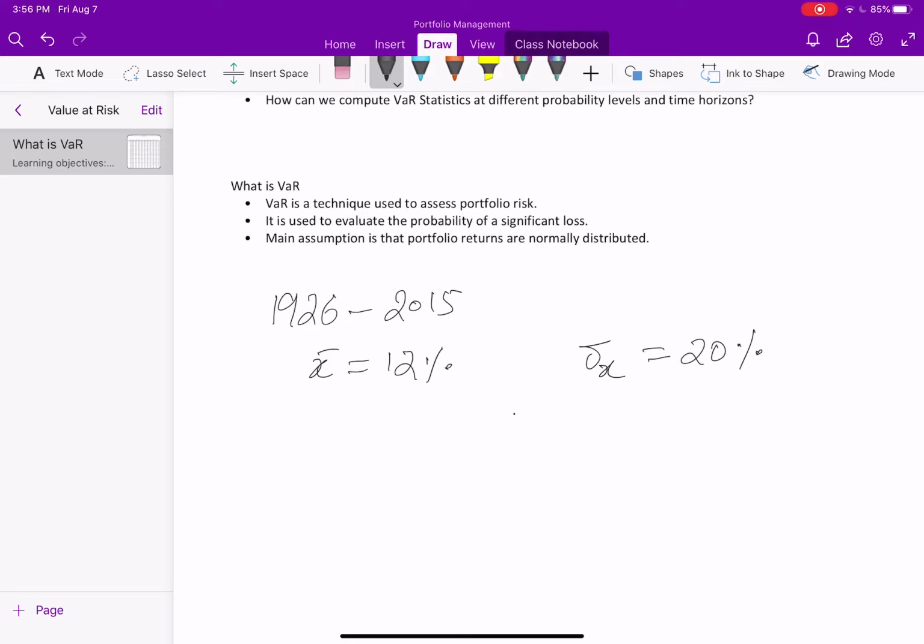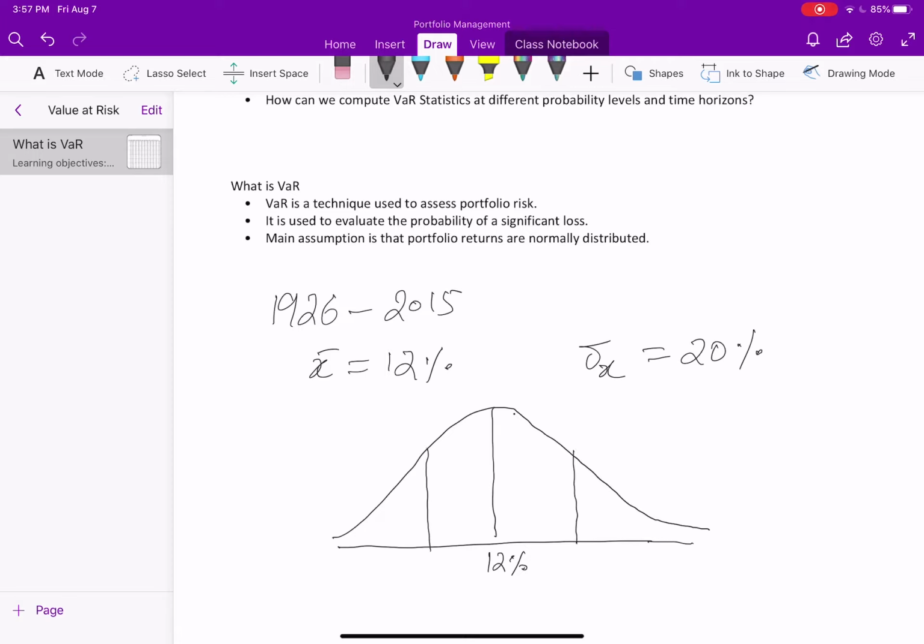So it means that if the returns are normally distributed, it has a distribution shape like this, where the mean is 12%, and then one standard deviation away on the left and one standard deviation on the right.